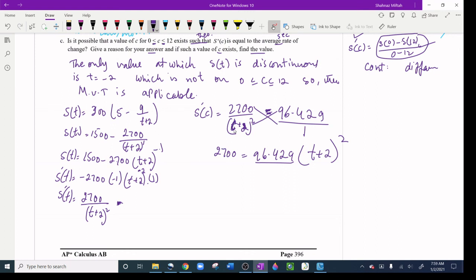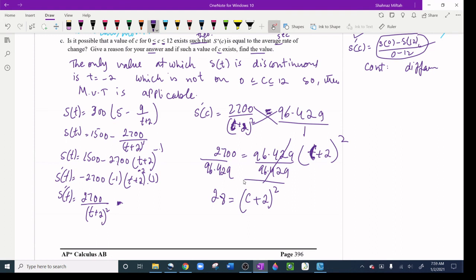Then divide both sides by 96.429. They cancel out. When I put this in the calculator, it gives me 27 point something, 988. So I just rounded up to 28, and I still have c plus 2 whole squared.